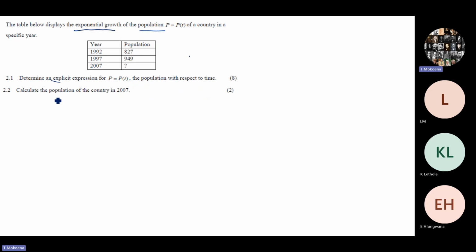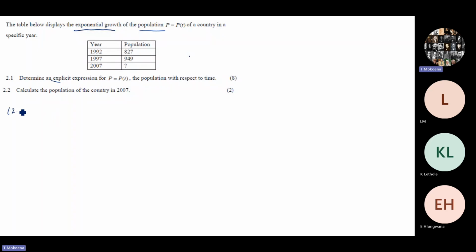When I get close to the final answer, I will show you the difference between the explicit expression and the implicit expression. Before I get to my final answer, I will have my implicit, and then in my final answer I will have the explicit expression. I just want to be practical on this one, because if we only try to explain, it maybe wouldn't make sense. So we'll do it practically so that we can see what that means.